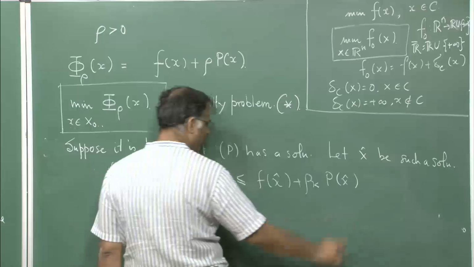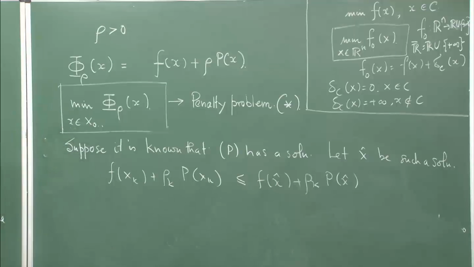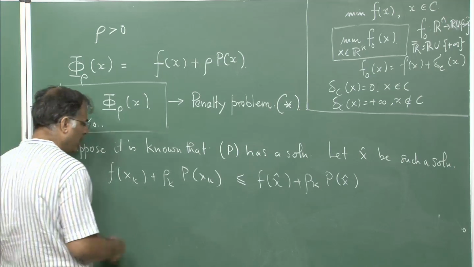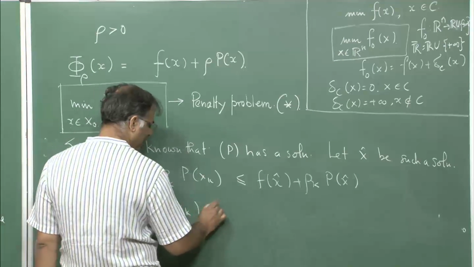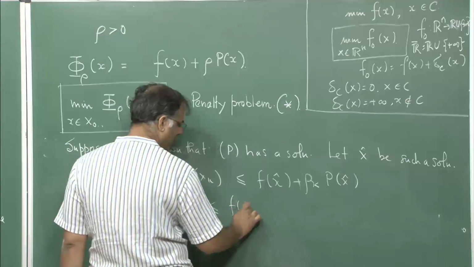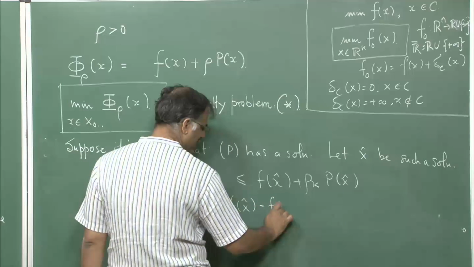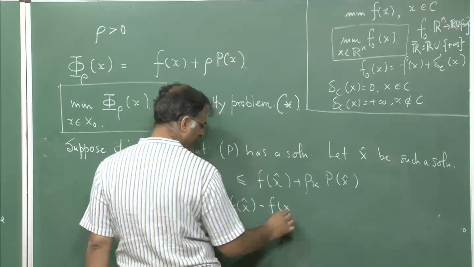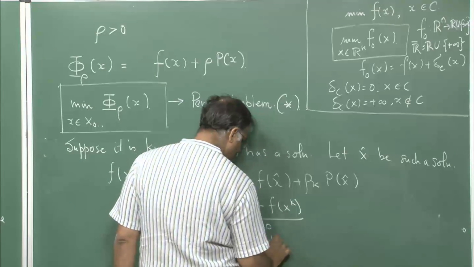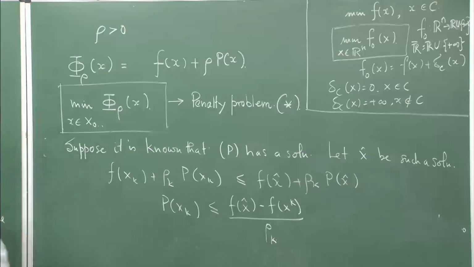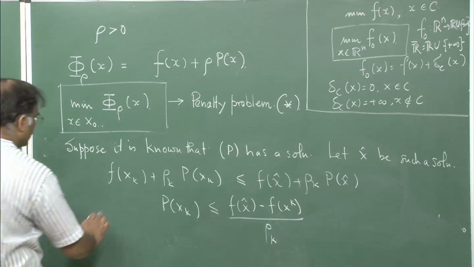Now, p of x hat is 0 because x hat is a solution to the original problem, so x hat is in X. So, basically what you now get is that p of x k is less than or equal to f of x hat minus f of x k, divided by rho k. Sorry, it should be x k.